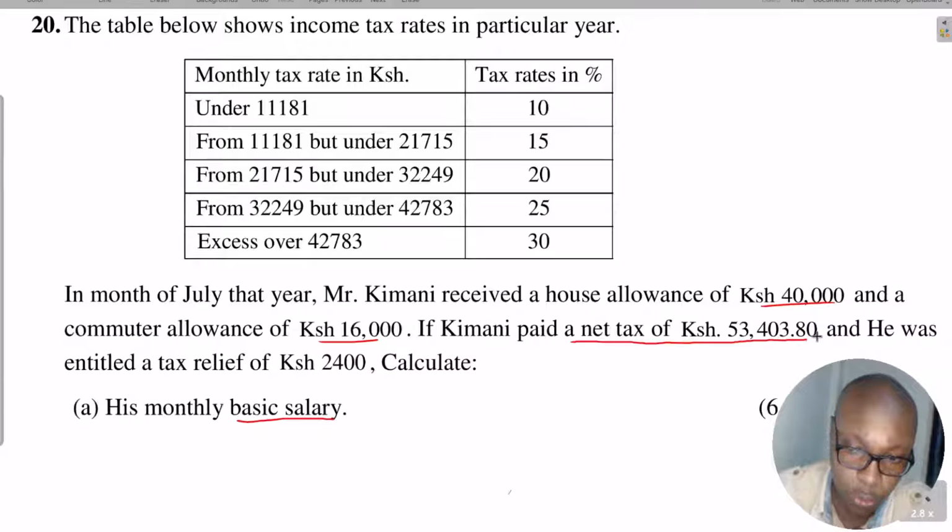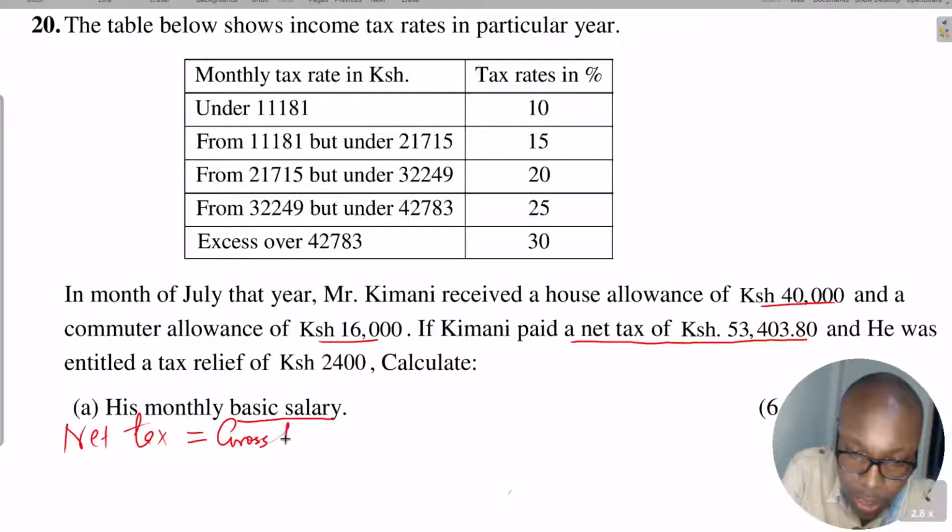Now this is how we're going to do it. Since this one is a net tax, we get net tax after we less relief. So this is what I mean. Net tax is obtained by taking the gross tax less relief.